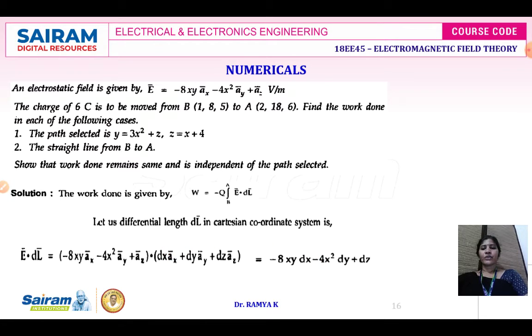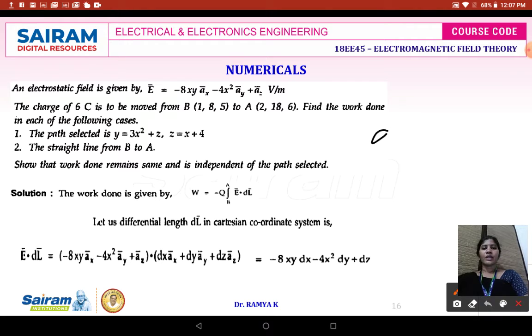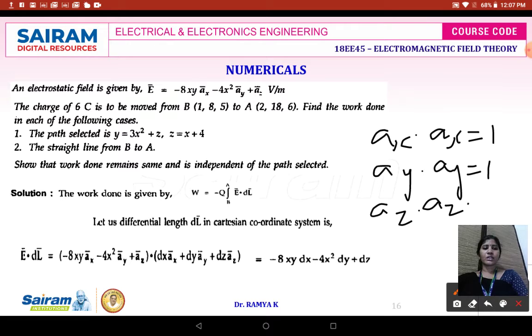Here, when you use a dot product, ax dot ax is equal to 1, ay dot ay is equal to 1, and az dot az is equal to 1. That is, similar ordinates.